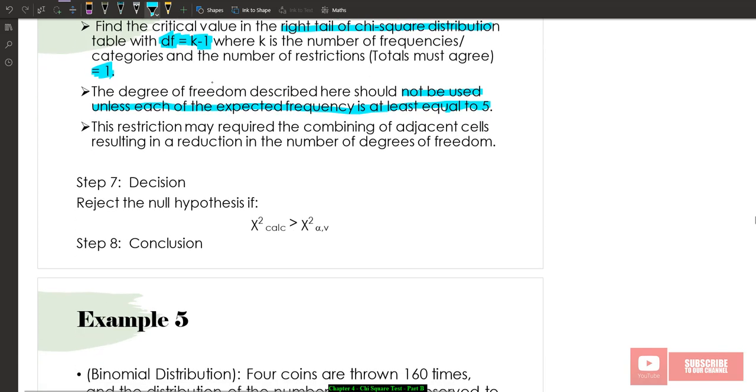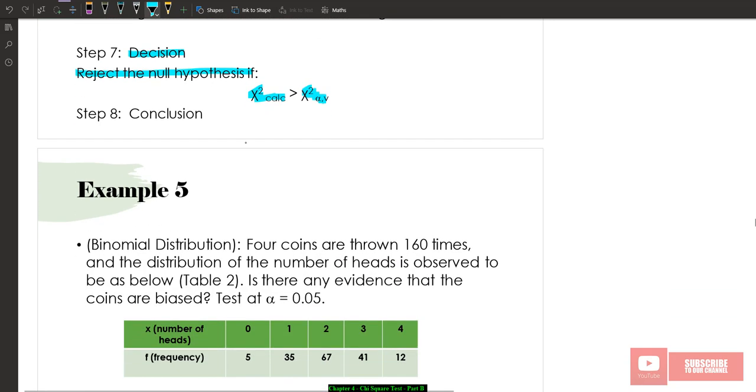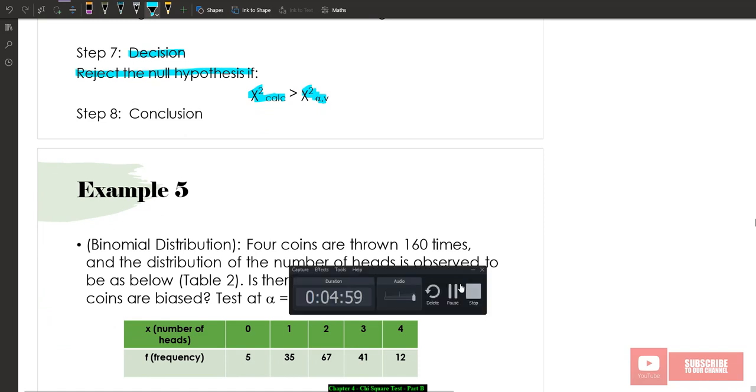Then step number 7, we need to make a decision. We reject the null hypothesis if the chi-squared calculated is more than chi-squared alpha with the degree of freedom, and then we make a conclusion on step number 8, right?